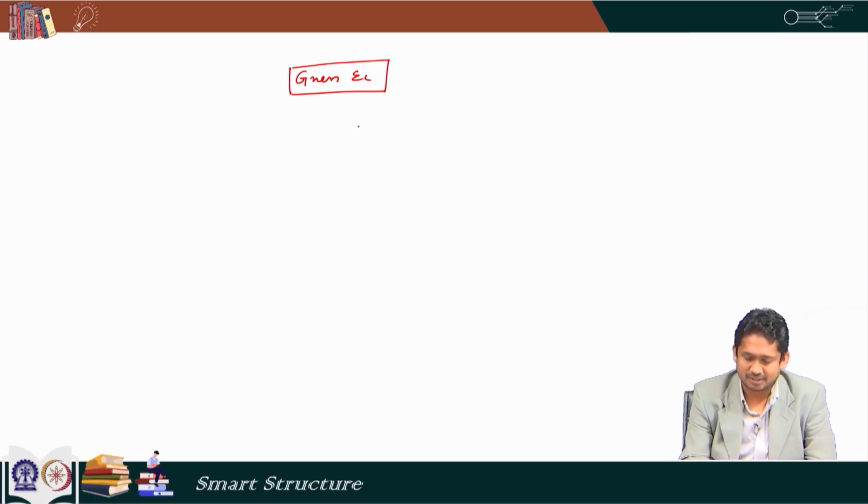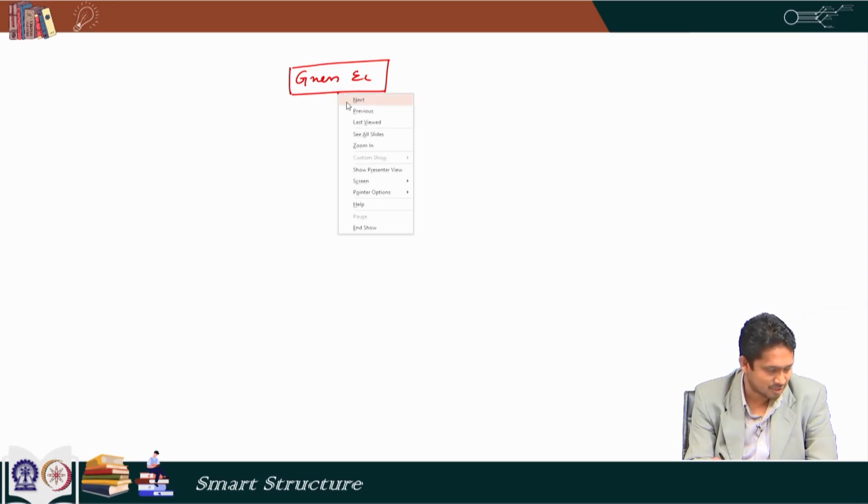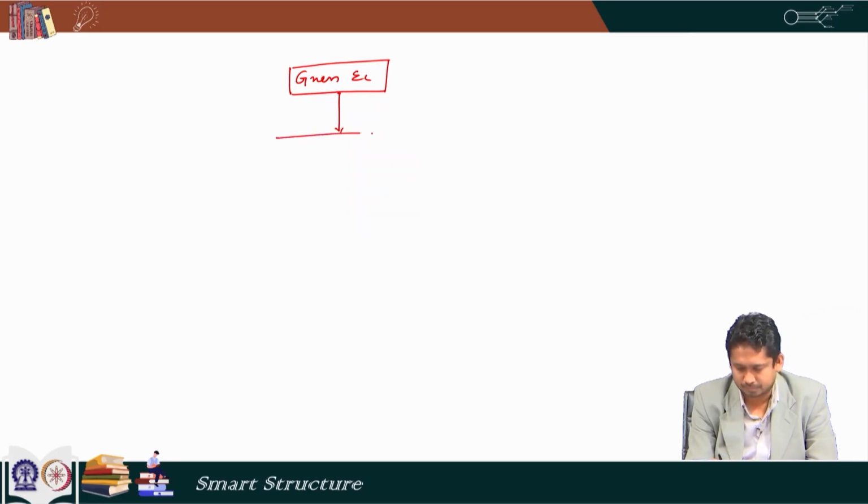For that condition we do not know epsilon c, so we guess, that is what we have to find out. Let us guess some value of epsilon c, and based on the guess we find out sigma 1, sigma 2.